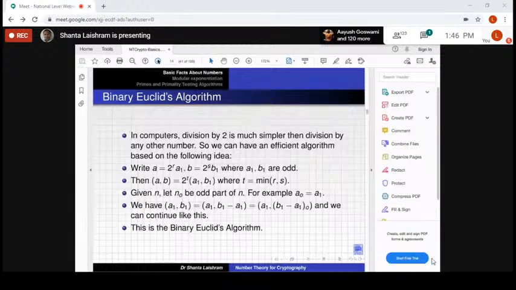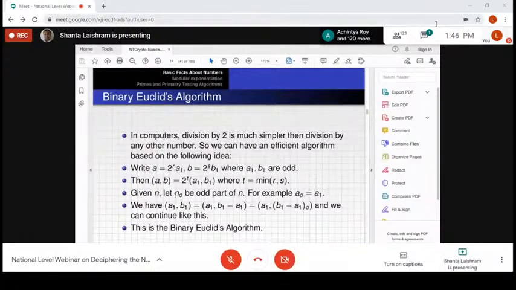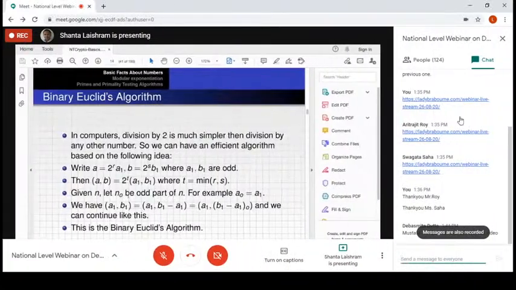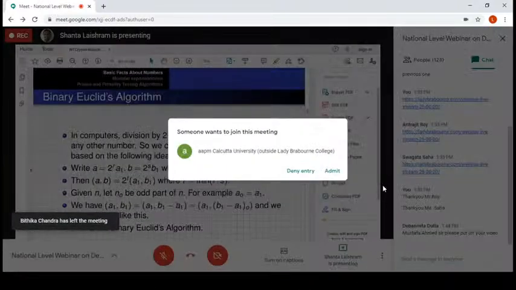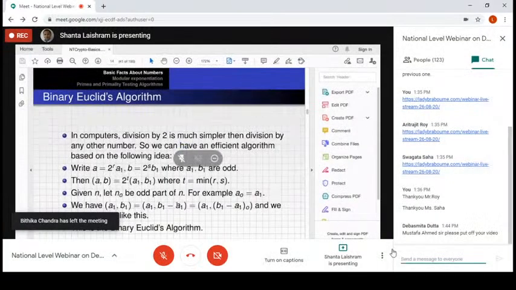So now I'm going to again use the fact that, given n, let n0 be the odd part of n. So the odd part of n means you take out the powers of 2, the remaining part. So then GCD of A1, B1, these are both odd. That is the same as GCD of A1 and B1 minus A1, right? Because from the previous lemma, we can see that GCD of A1, B1 is the same as A1 and B1 minus A1.